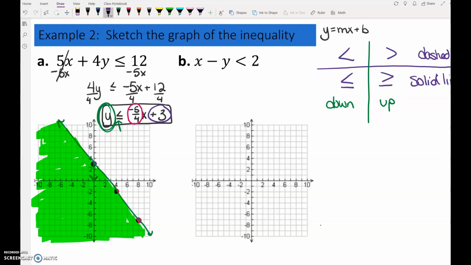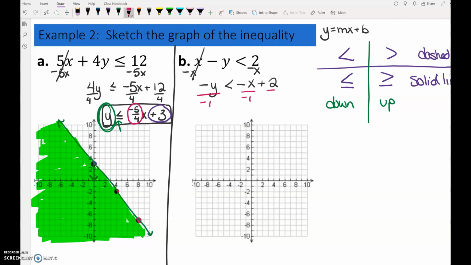Okay, part B. What do we need to do first in part B? Get y by itself. We need to subtract x. We're going to divide by a negative. Yep, we're going to have to divide by a negative. When you divide by a negative, you have to switch the sign.